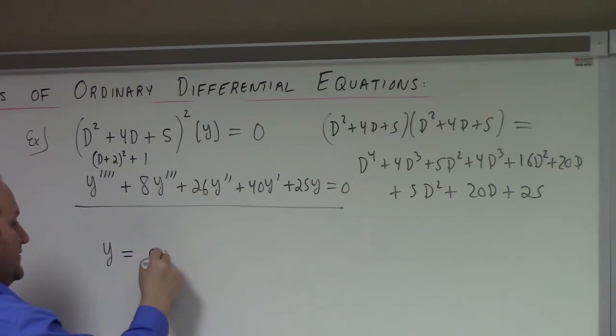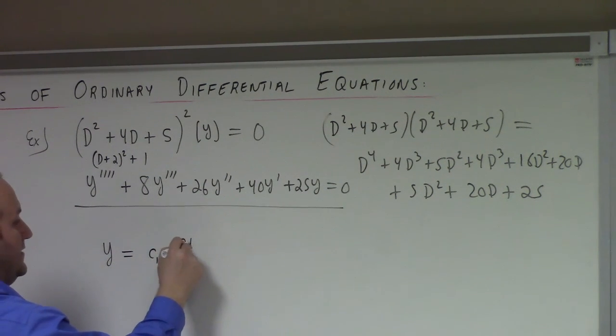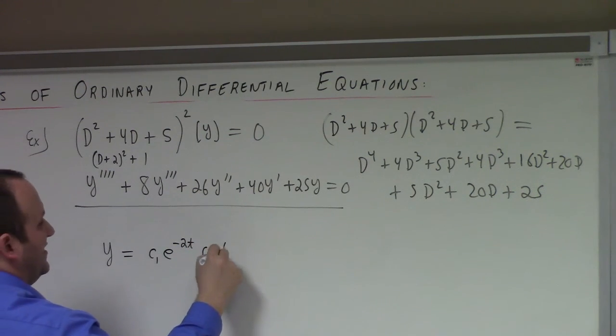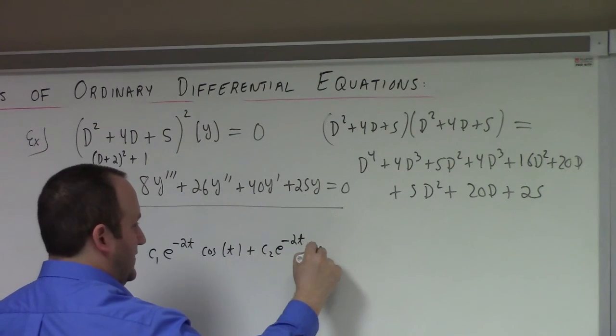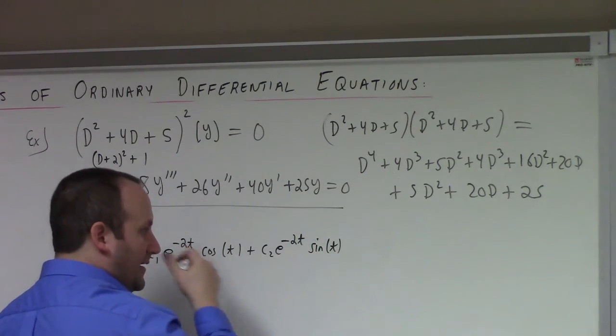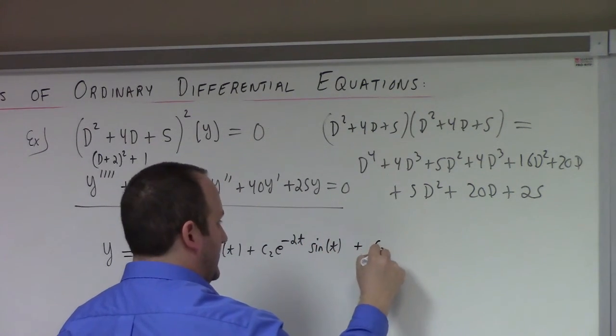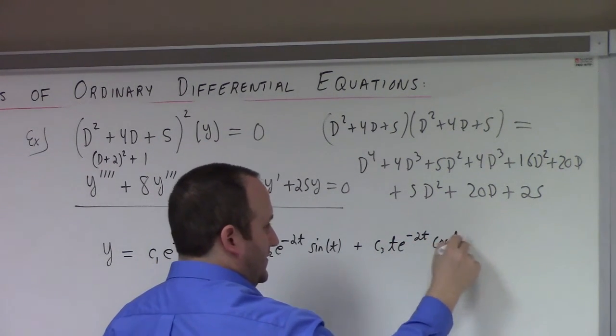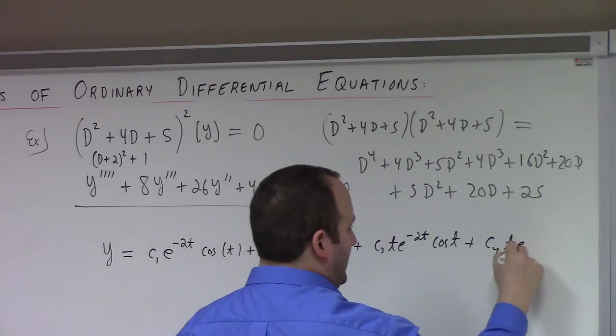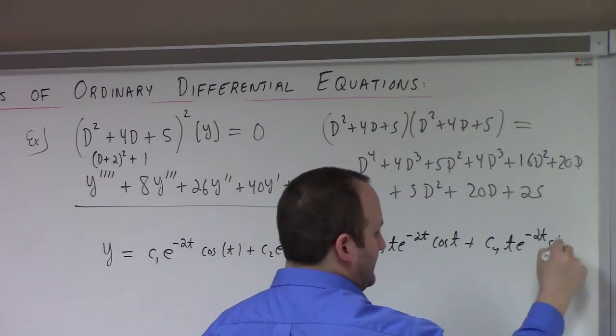So y is equal to c1 e to the minus 2t cosine of t plus c2 e to the minus 2t sine of t plus c3 t e to the minus 2t cosine t plus c4 t e to the minus 2t sine t.